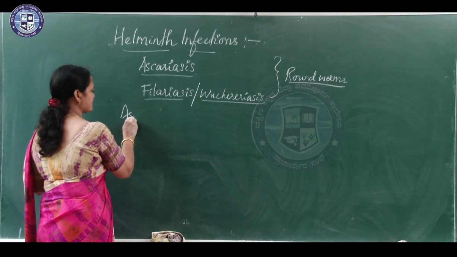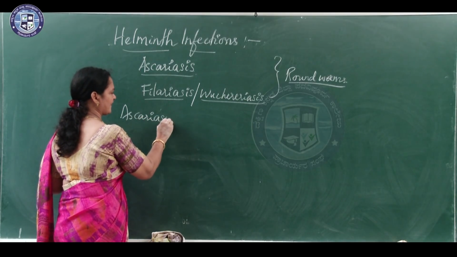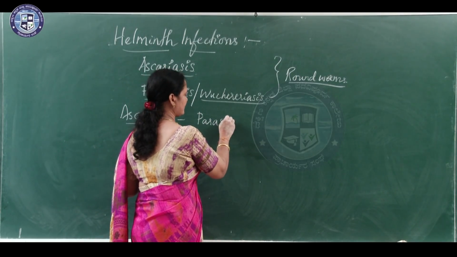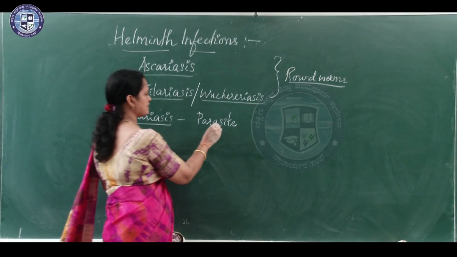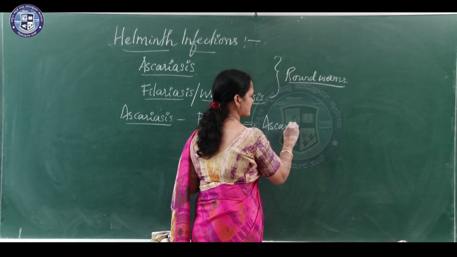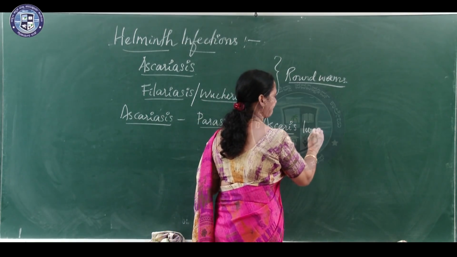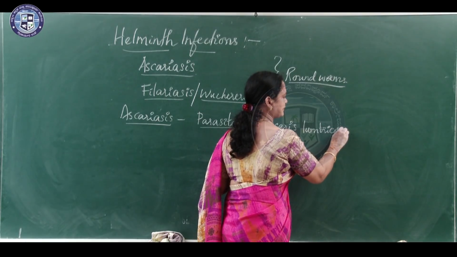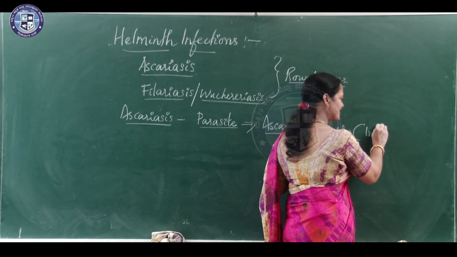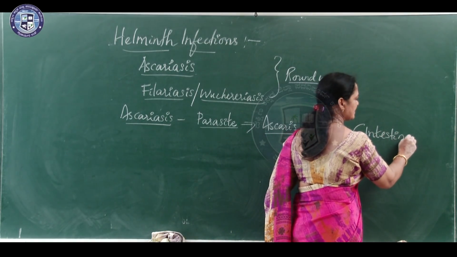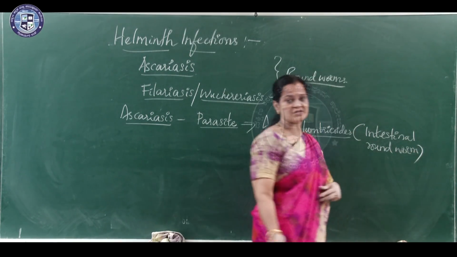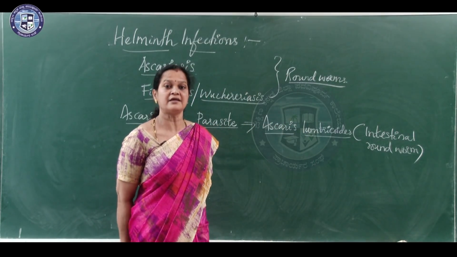First we will see ascariasis. The name of the disease is ascariasis, and the parasite causing the disease is Ascaris lumbricoides, the intestinal roundworm.